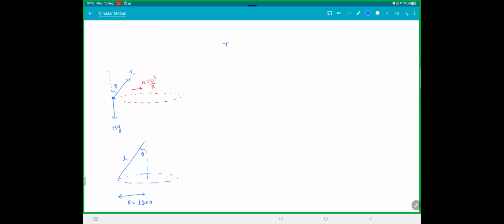So T cos theta is balancing your weight. So from here, you'll get the tension directly. And who is providing the centripetal acceleration? T sine theta. This will give mg tan theta equal to m u square by r. This will give you the speed.